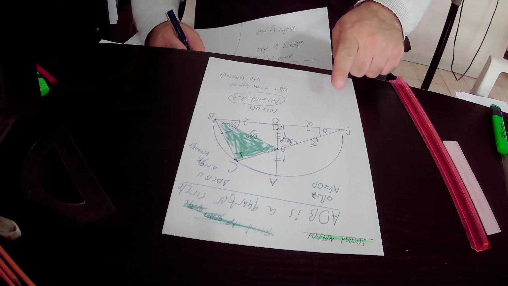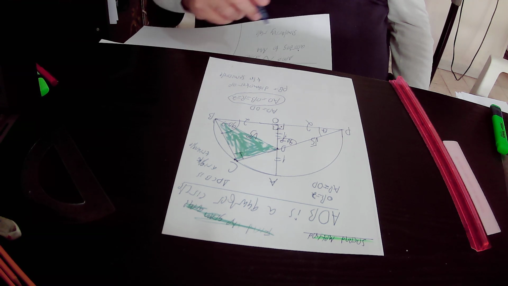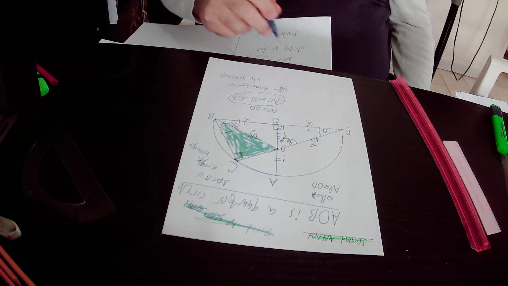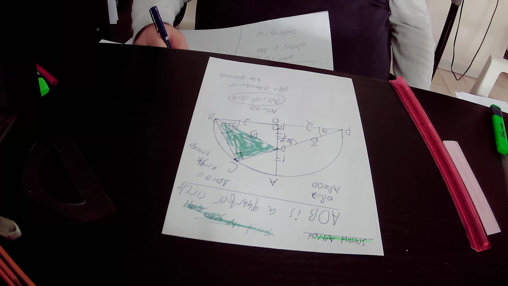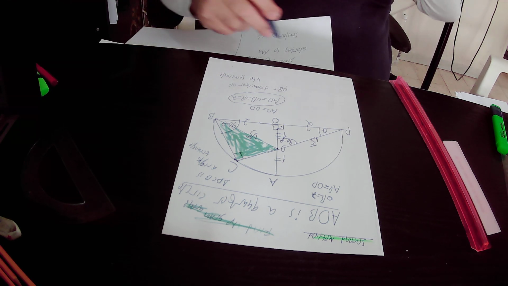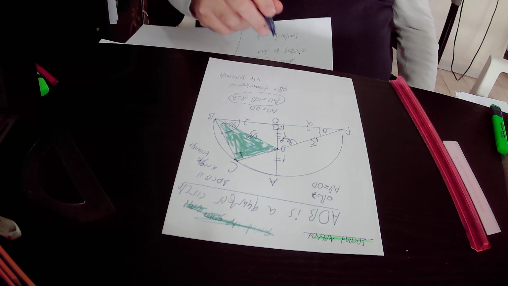We conclude that PD over PB equals DO over CB, and it is equal to PO over PC.